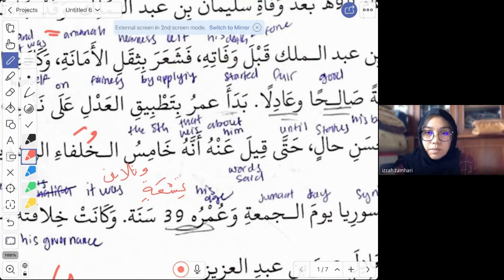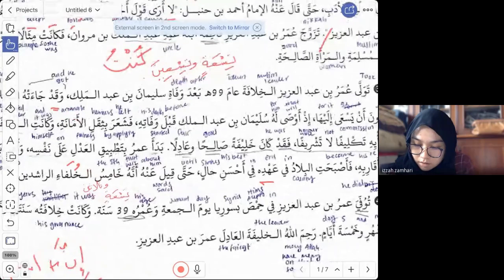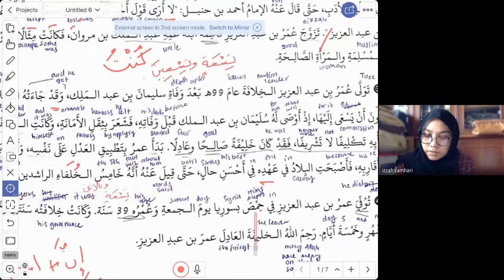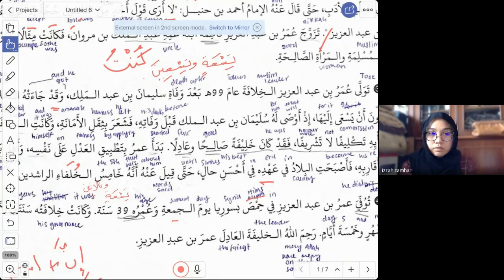Generally, this sentence means Umar bin Abdul Aziz died in Homs. Homs is in Syria. Yawm means day. Al-Juma'ah means Friday. Wa umruhu means his age, 39 years old. Sanata. Naam.